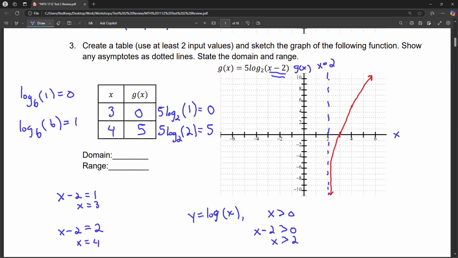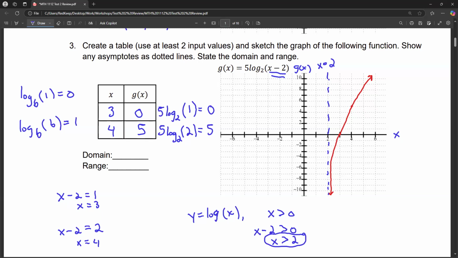Okay, so they're asking next for the domain. We're asked to state it. Again, note that there's a restriction on the x values that we can plug in here. We spotted earlier that x has to be greater than 2.